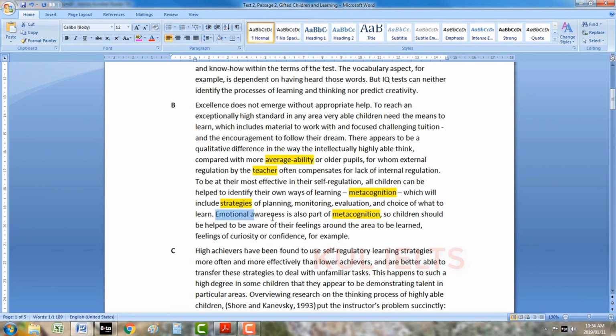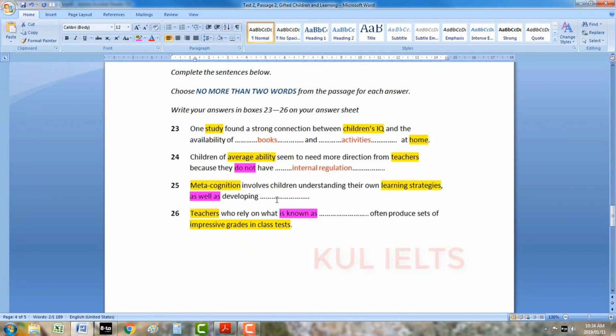But there's your answer there. The as well as is right there. That's the also. Emotional awareness is also part of metacognition. This is all the children's own strategies given by that word over there. And then this is the as well as. So your answer is emotional awareness.